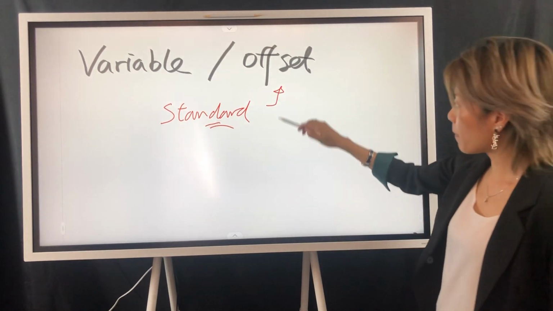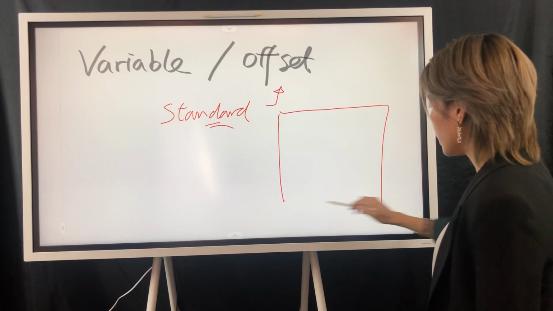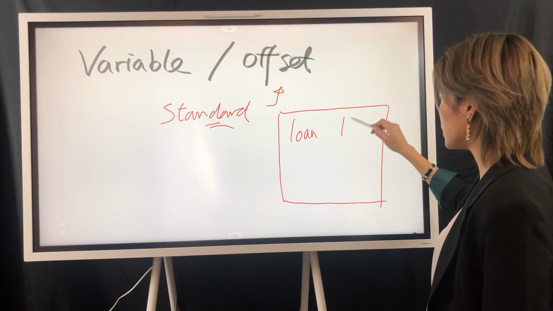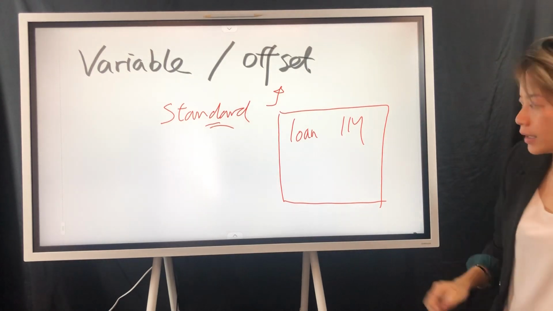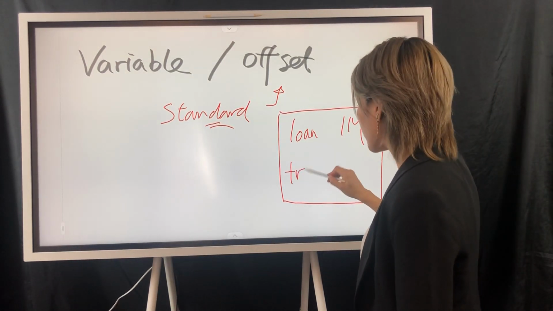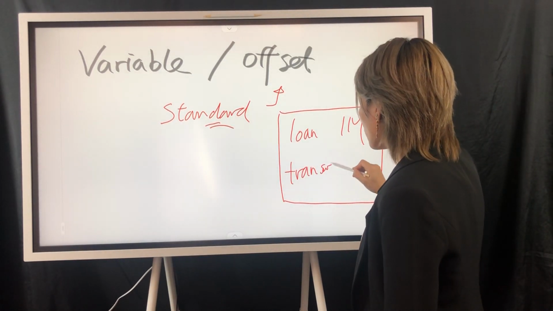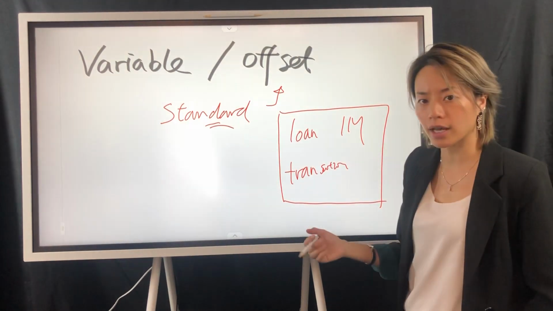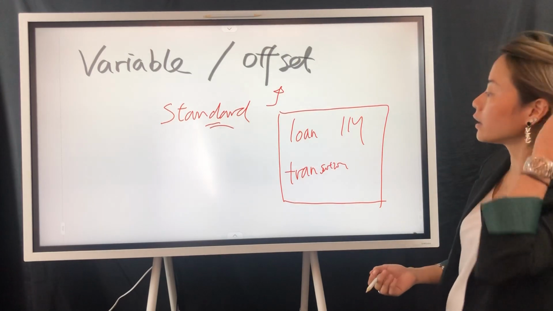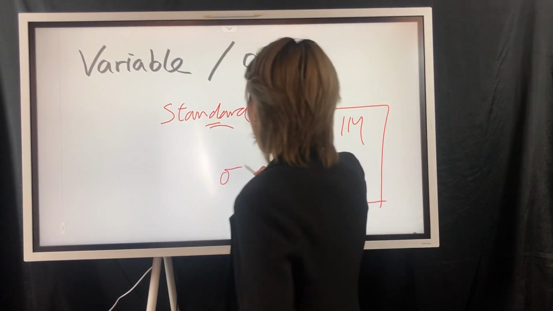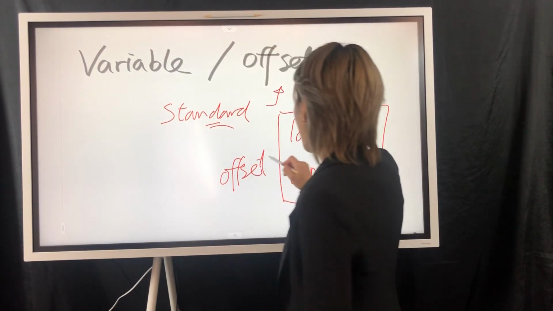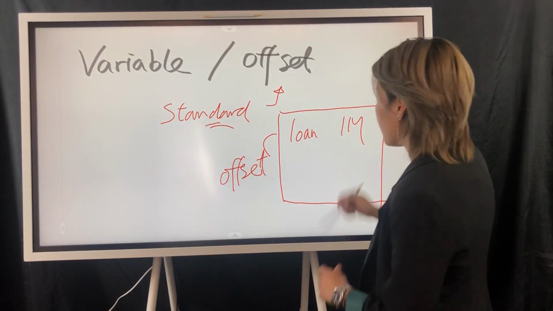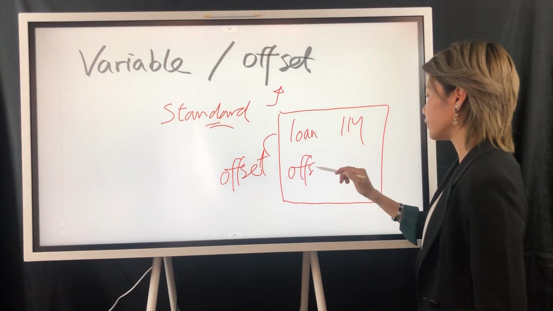If you open your online banking, what you can see is the loan amount, let's say it's 1 million. And then it is attached with a transaction account. This transaction account can be any savings account, your normal daily transfer account, and it adds an offset feature to it and links to the loan. Then it becomes an offset account.